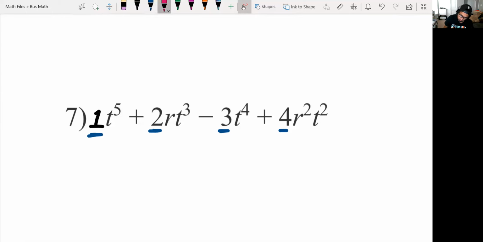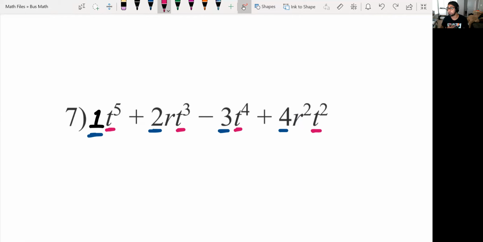So I have t to the fifth, t cubed, t to the fourth, t squared. Which one has the smallest power? T squared.